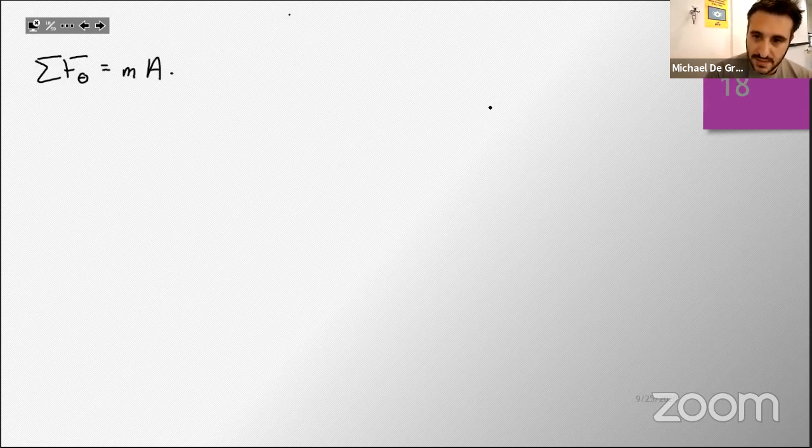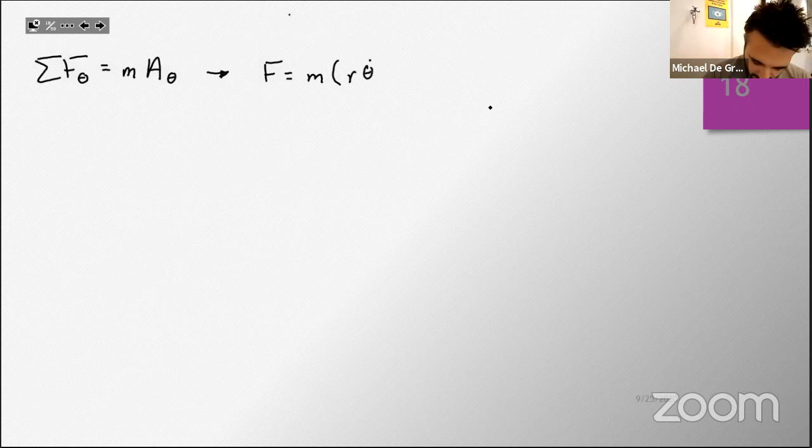That's equal to mass times acceleration transverse. In the transverse direction, remember, we only had one force. That's going to be F, and that's equal to m a_theta, which we can pull up from our notes. It looks like this.